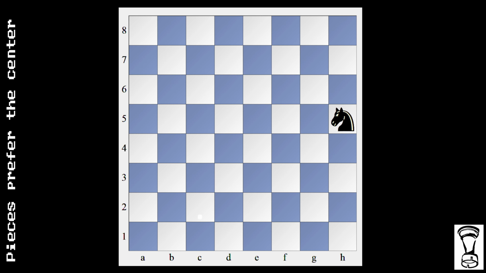Okay. And I am on the wrong screen. There we go. All right. So this knight on the rim can only move to 4 squares. Not very many. Clearly 8 is more than 4.